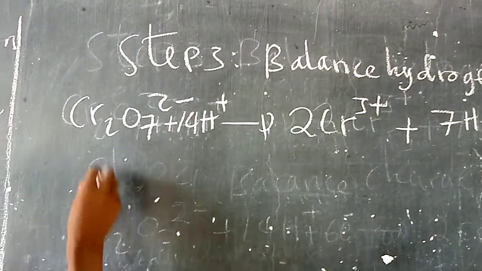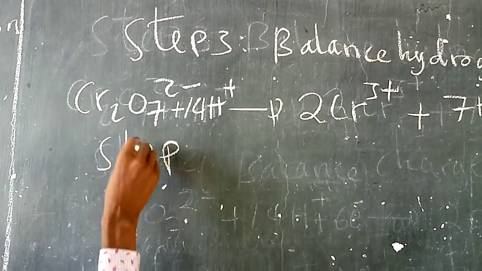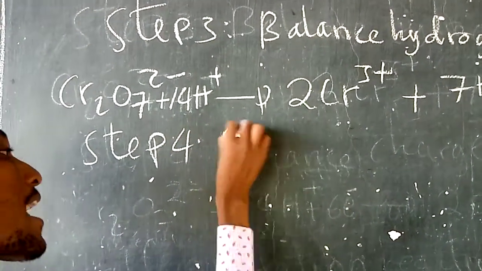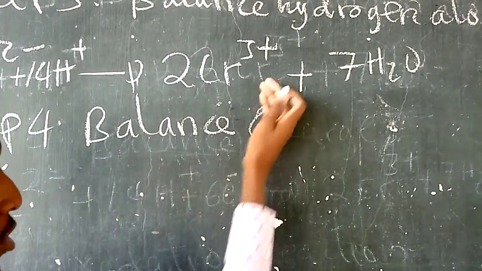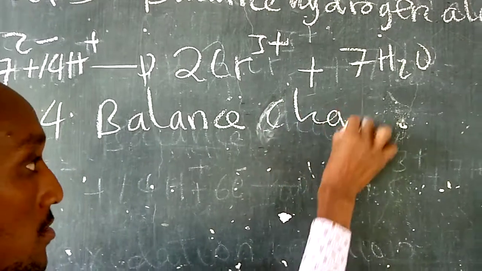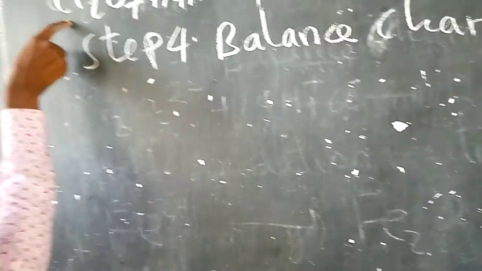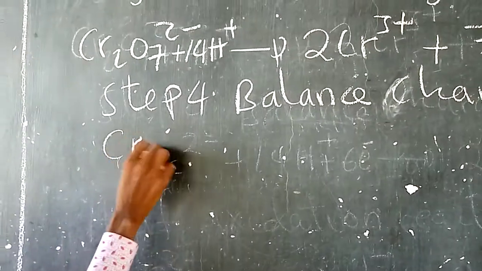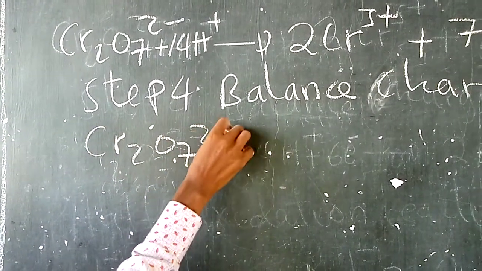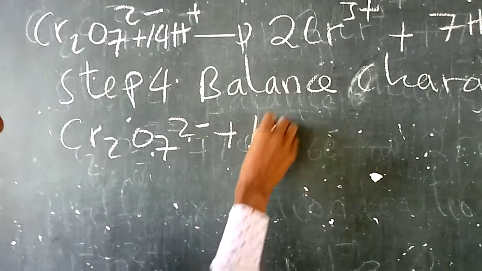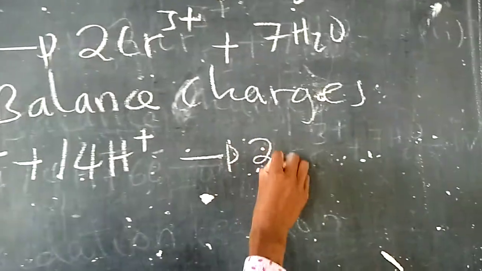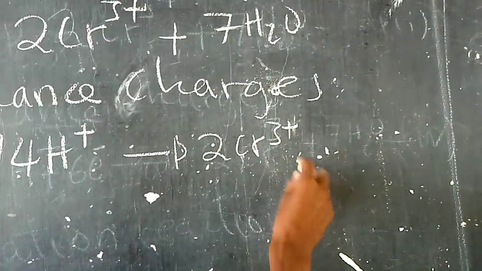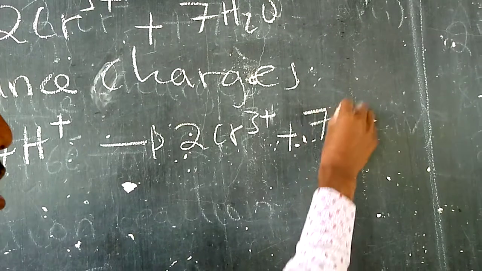So step 4. Step 4 is balance charges. To balance charges, very simple. Copy your equation as it is. It is Cr2O7 2 negative, plus 14 hydrogen protons, to get 2 Cr3 positive, plus 7 water molecules.